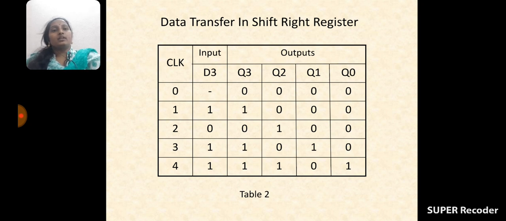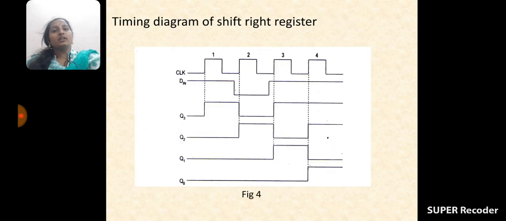For the next one, the data 1 occurs at Q3, and the remaining are 0. For the second clock pulse, it moves to the next flip-flop, all remaining are 0. For the third clock pulse, 1 is at Q3 and at Q1, the remaining two are 0. And finally, whatever input we applied, we get here, that is 1, 1, 0, 1. So in this way the data is shifted to the right side.